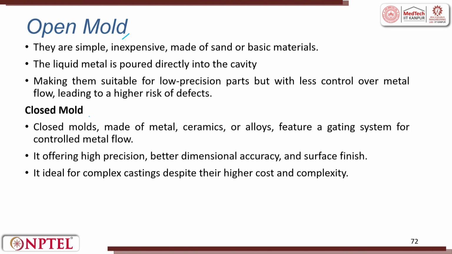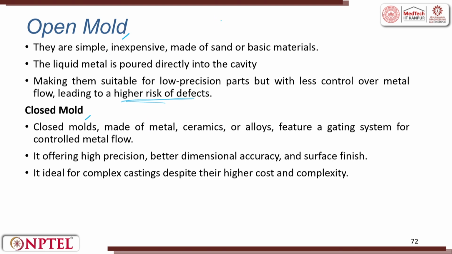There is an open mold and there is a closed mold. Open molds are simple, inexpensive, made of sand or basic material. The liquid metal is poured directly into the cavity, suitable for low precision parts, but with less control over the metal flow, leading to a higher risk of defects.